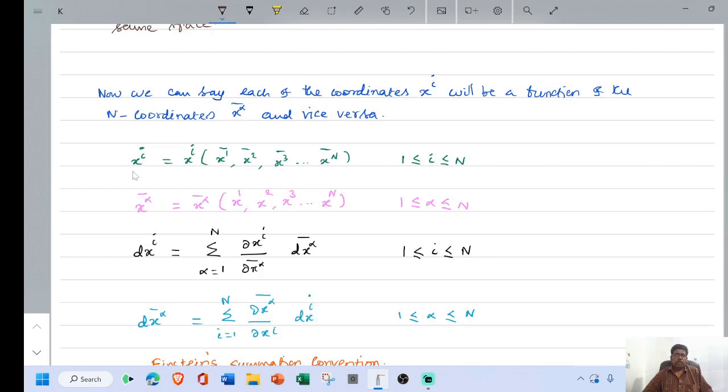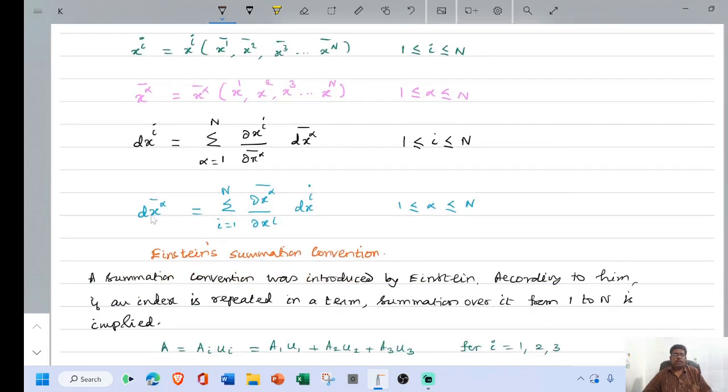Now find out the value of dx superscript i. dx superscript i is equal to dou x superscript i divided by dou x bar alpha into dx bar alpha. Here we have to use the summation symbol, alpha equal to 1 to n. The value of i is greater than or equal to 1, less than or equal to n.